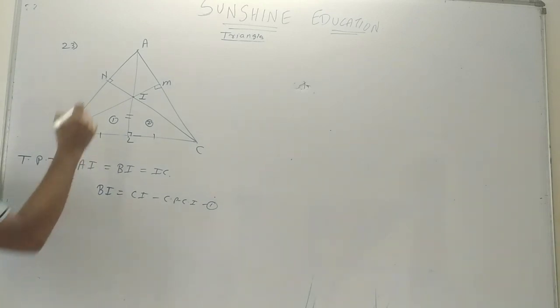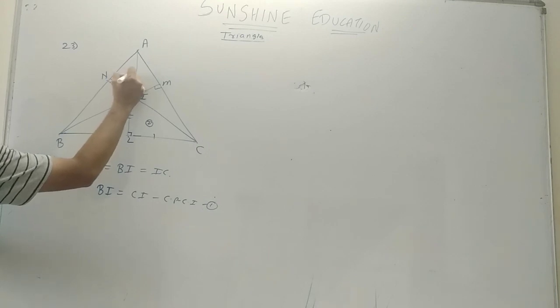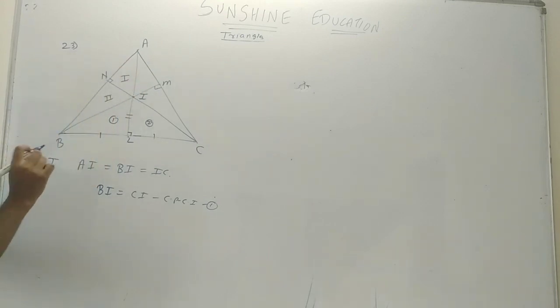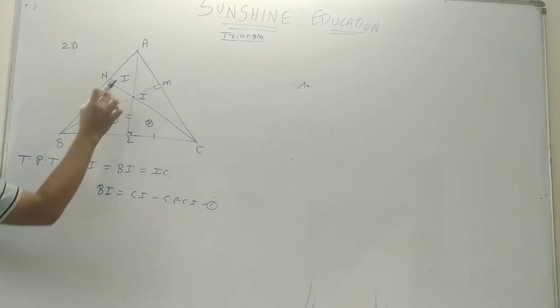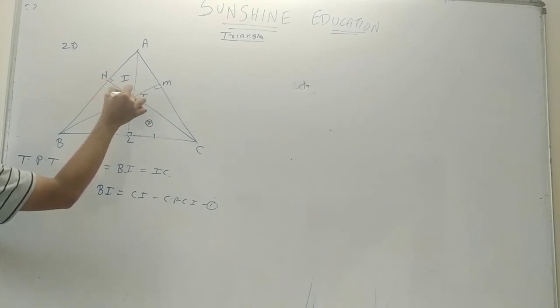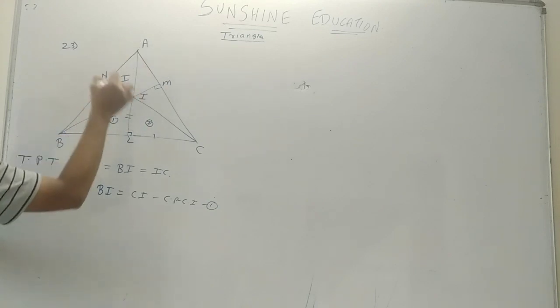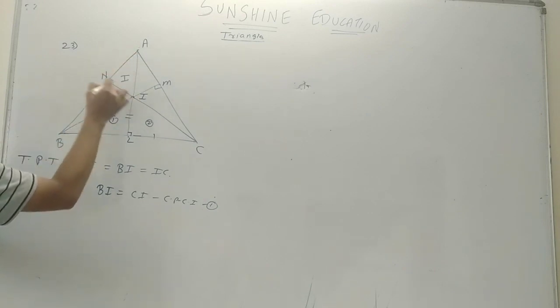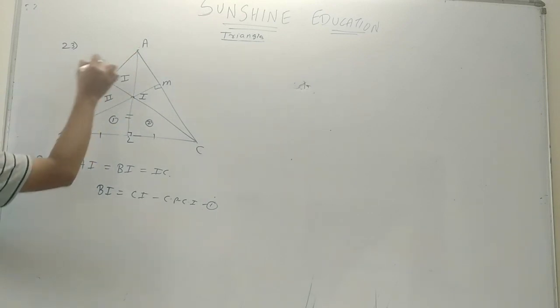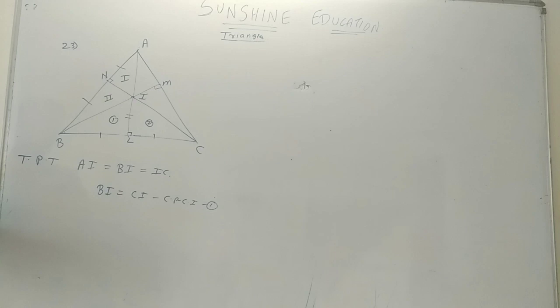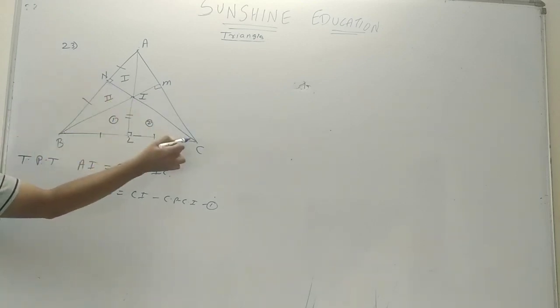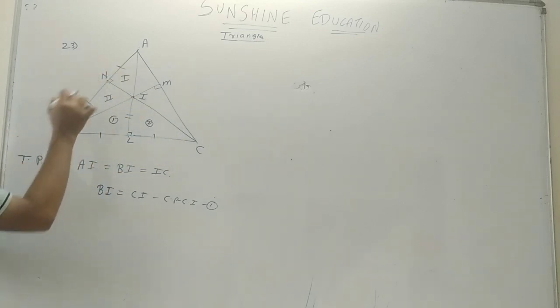Now, similarly, I will take this triangle and this triangle. I am giving Roman numbers, okay, for differentiation. In triangle INA and INB, AN is equal to NB, as this is a perpendicular bisector. Bisector is divided into two equal parts.